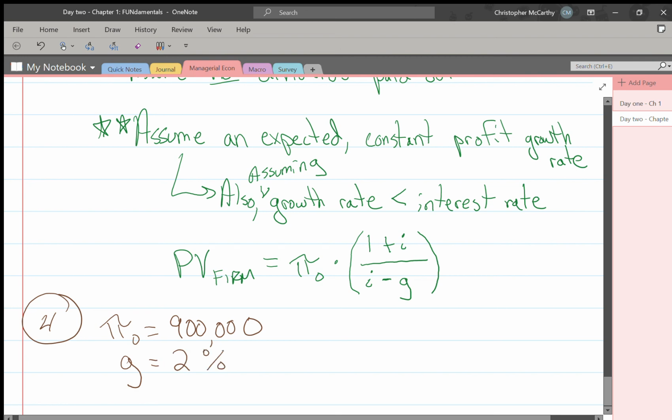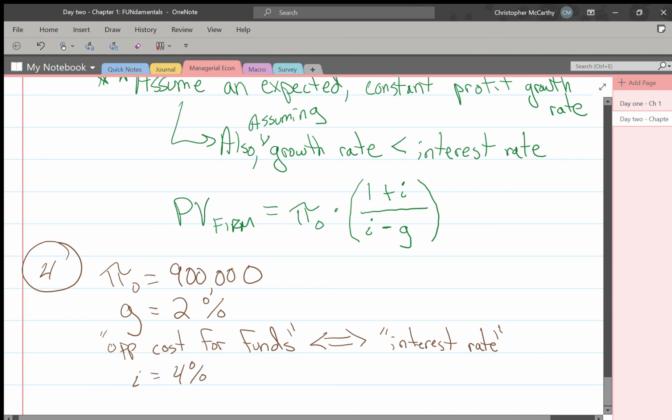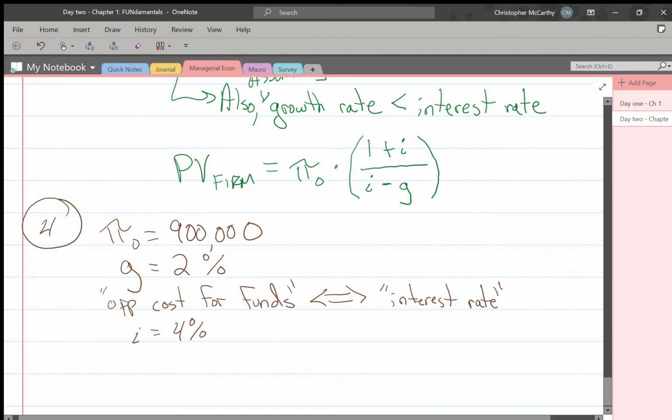If the firm's opportunity cost for funds, what does that also mean? When we hear that phrase, that is an equivalent phrase of interest rate. So we're given an interest rate of 4%. We're asked in A, what is the value of the firm if it gives no profits as dividends?